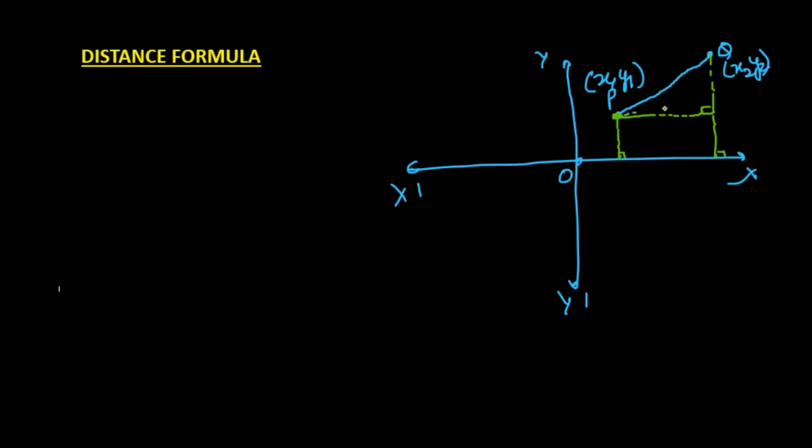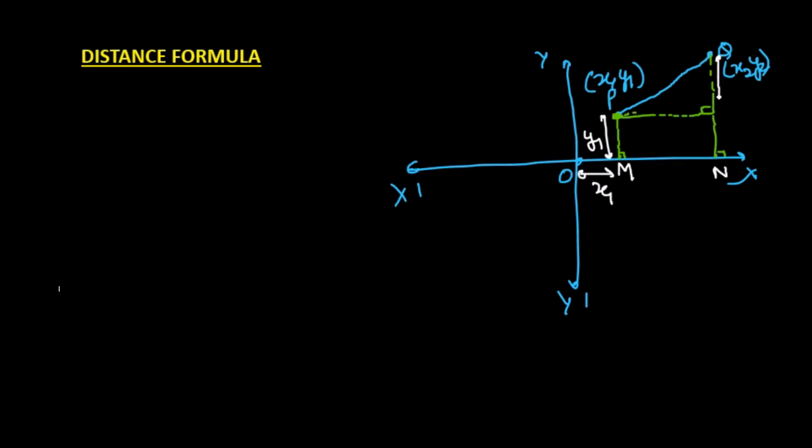Fine. Now, since the coordinates of P are x1, y1, it means that if this point is, say, M and N, then OM is x1 and PM is y1. Correct? And the coordinates of Q are x2, y2.